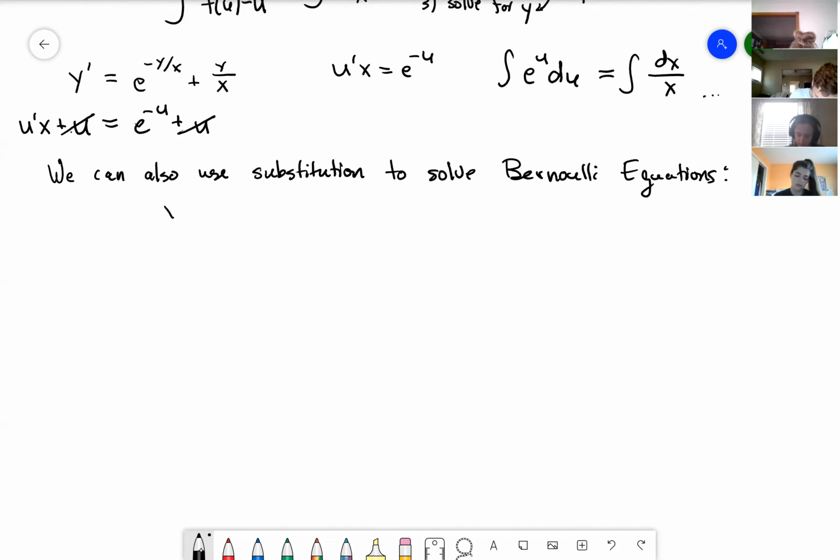And remember, these were equations of the form y prime plus p of x y is equal to q of x, y to the r, where r is not 0 or 1. If r was 0 or 1, this would just be a linear equation, and we already know how to solve those. So we're going to assume that it's not 0 or 1. This detail will actually come up again soon.